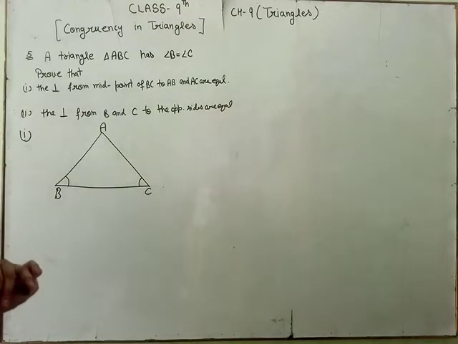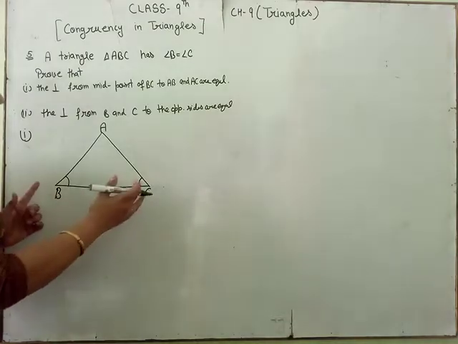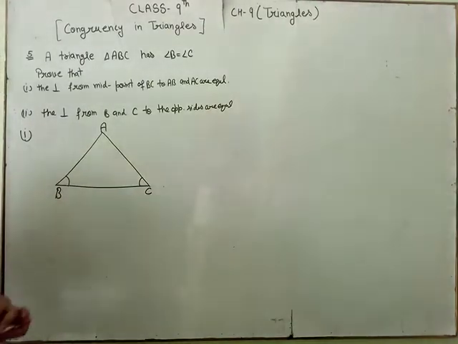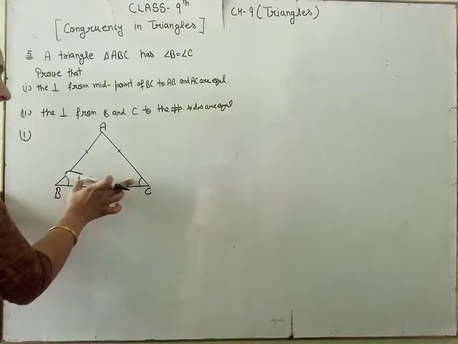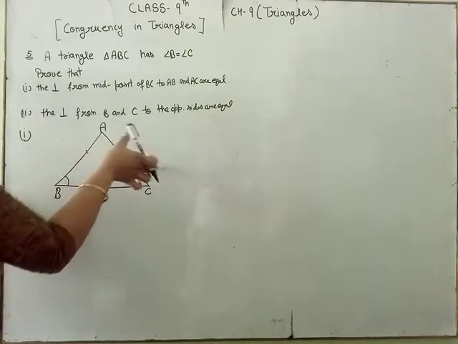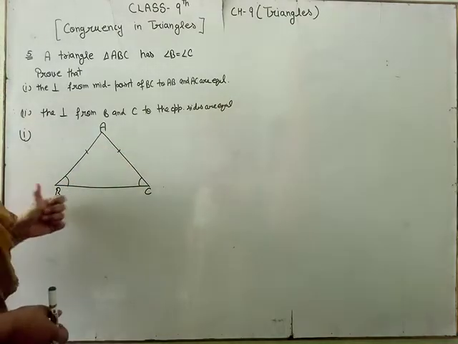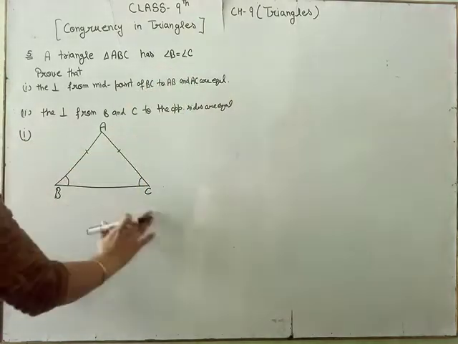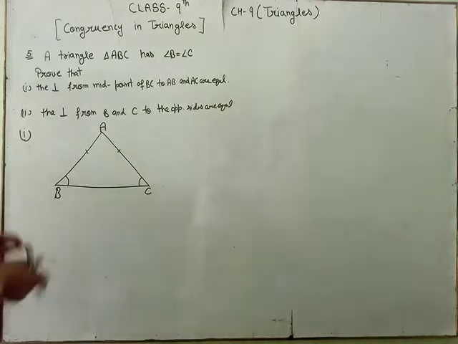And student, we know that in a triangle, if opposite angles are equal, then opposite sides are also equal. Then AB equal to AC. If AB equal to AC is given, then according to this angle B equal to angle C. From angle B equal to C, we get side AB equal to side AC.